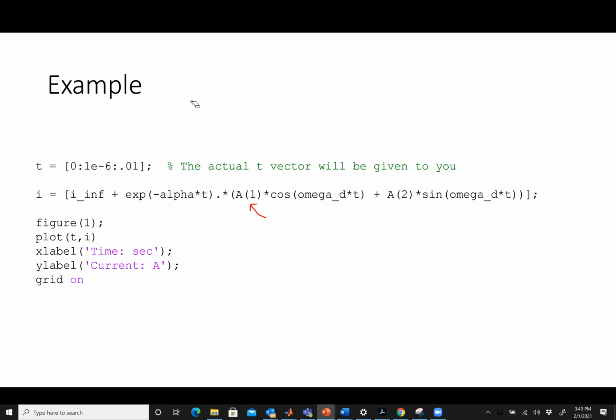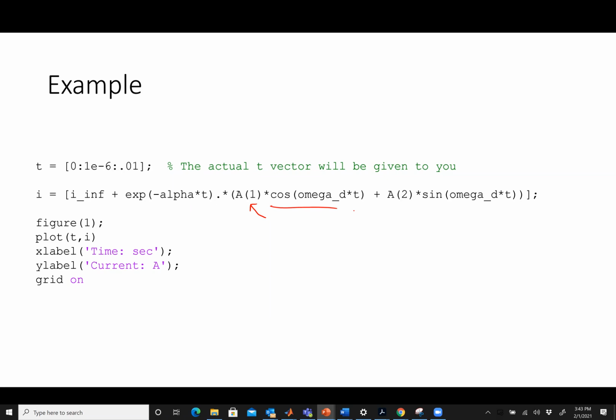You'd see that in 2254 and in differential equations. In circuits, we just give you the results of that analysis. Omega D is the frequency of these cosine and sine, and it's always going to be less than omega naught.